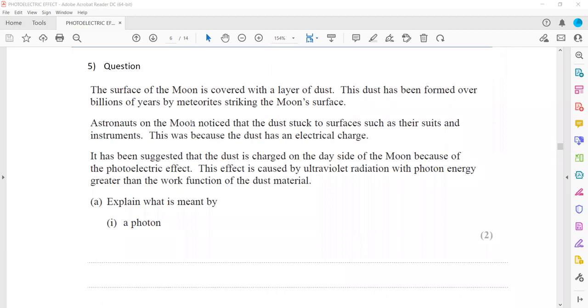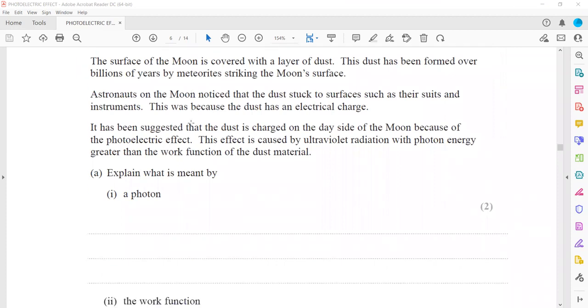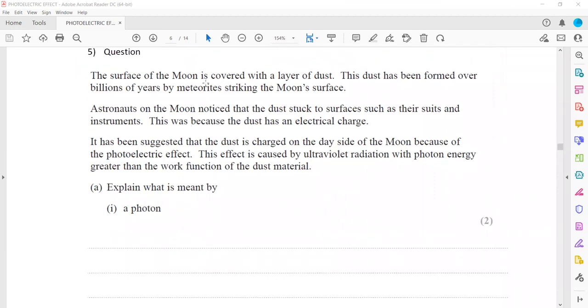Then in this question, the surface of the moon is covered with a layer of dust. That dust has been formed over billions of years by meteoroids striking the moon surface. Astronauts on the moon noticed that the dust stuck to surfaces such as their suits and instruments. This is because the dust has electrical charge. So moon dust is having electrical charge, and that's why it sticks to the suits or the instruments.